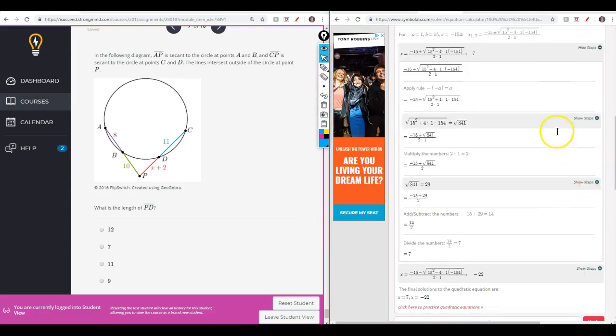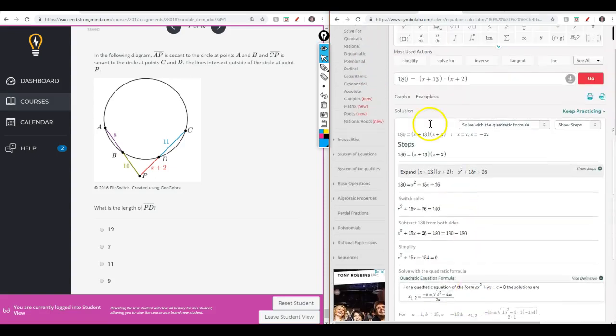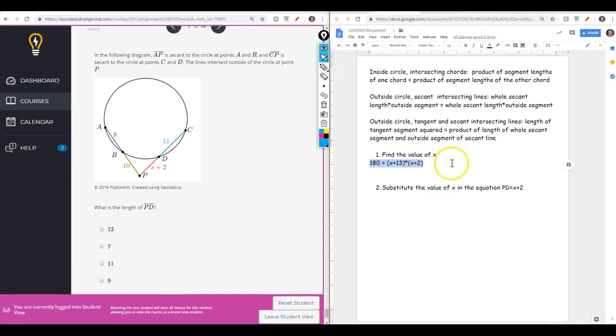So you can expand this if you would like. And then the final solutions would be x equals 7 or x equals negative 22. There will be two options. So now, since we're talking about a distance, I'm leaning towards x is 7, because distances cannot be negative.